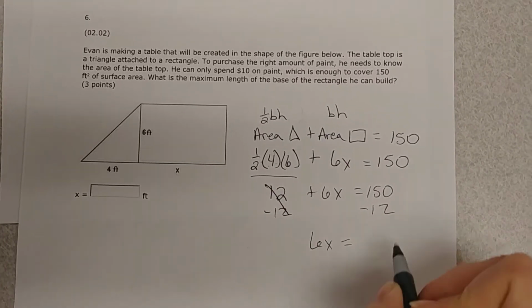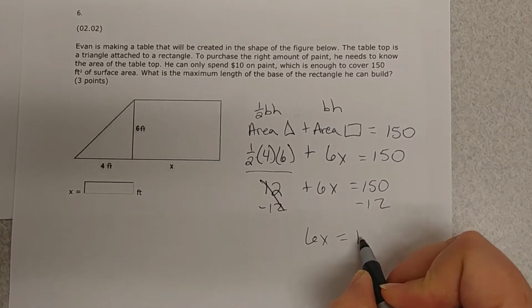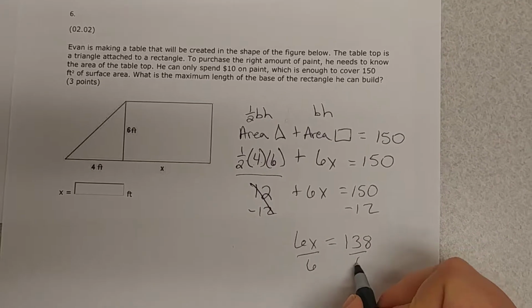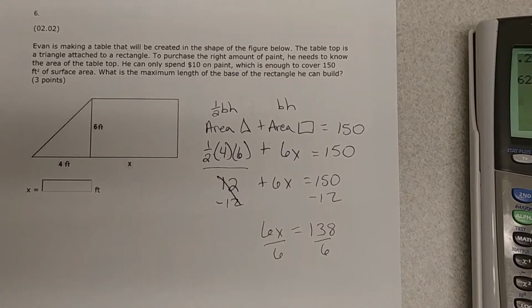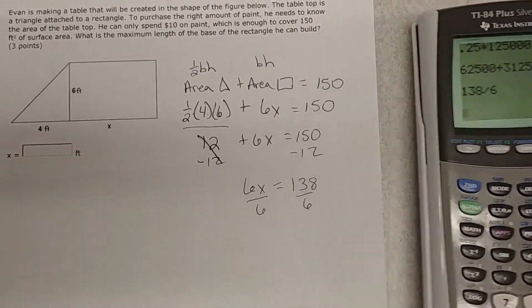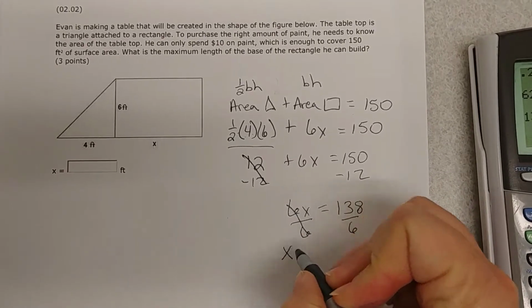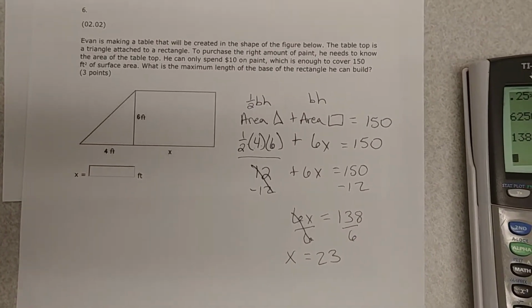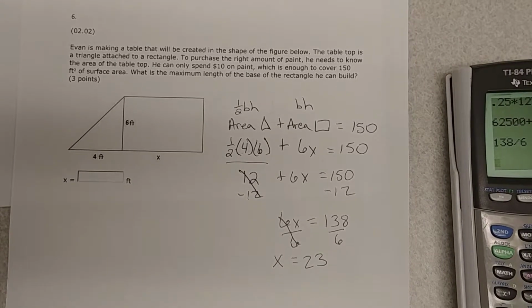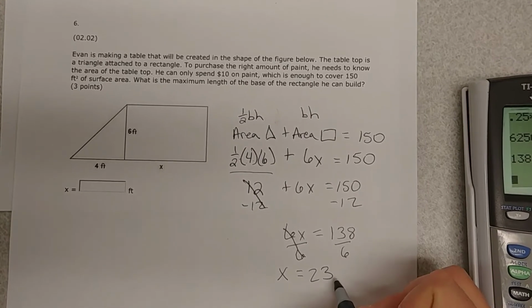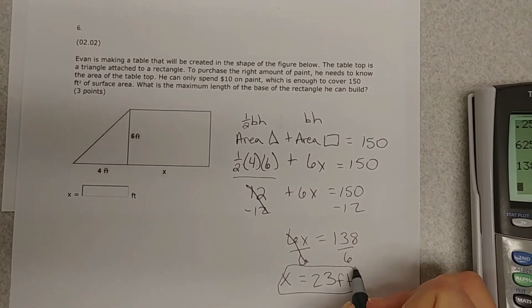So now I've just got 6x equals 138. 138 divided by 6 gave me 23. So the x for this problem is going to end up being 23. So the maximum length that rectangle can be for him to only spend the $10 is going to be 23 feet.